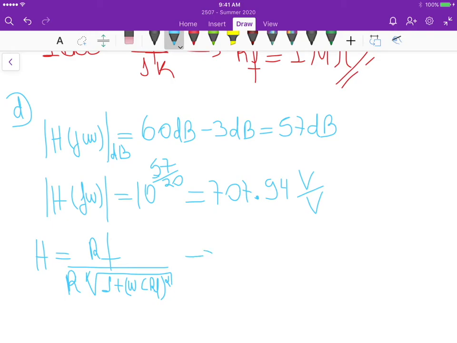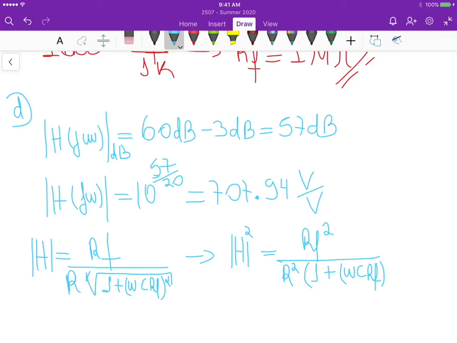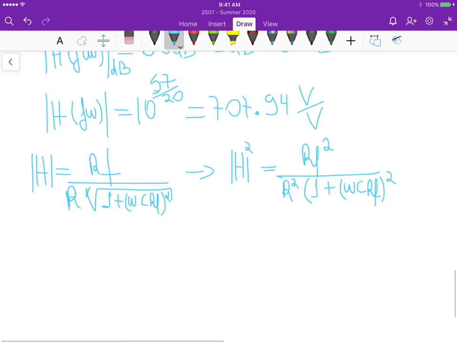If we square both sides of this equation, we get H squared, the magnitude squared, equal to RF squared divided by R squared times 1, now we get rid of the square root, plus omega C RF squared.